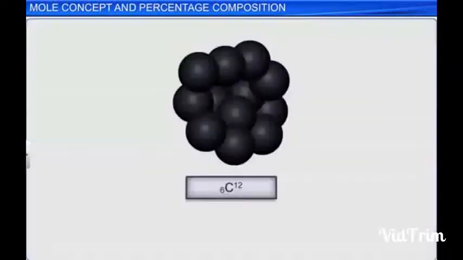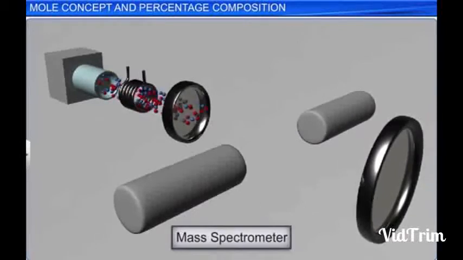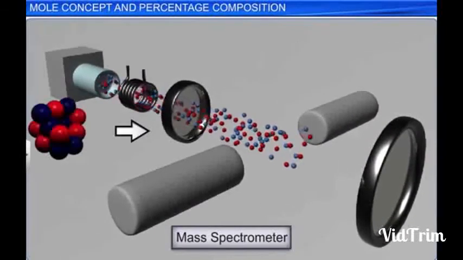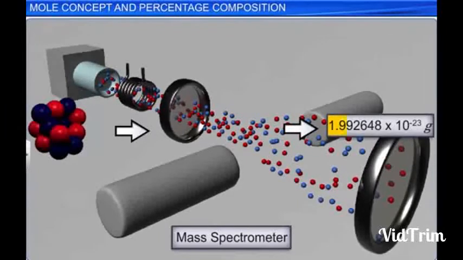We know that a carbon-12 atom is used as a base to calculate the atomic mass of elements. Hence, scientists used carbon as the base to determine the value of 1 mole. They used a mass spectrometer to determine the mass of a carbon-12 atom and found it to be 1.992648 multiplied by 10 raised to minus 23 gram.